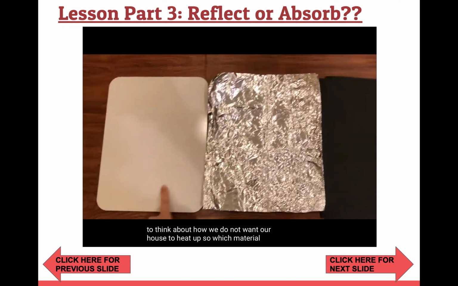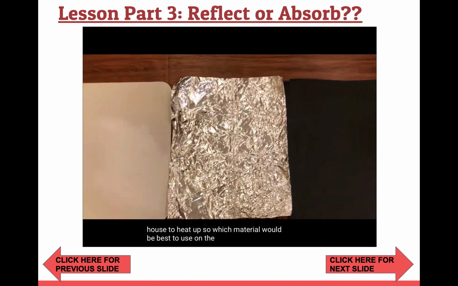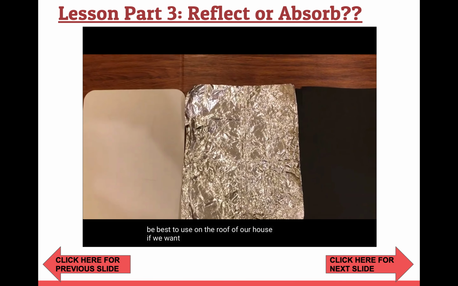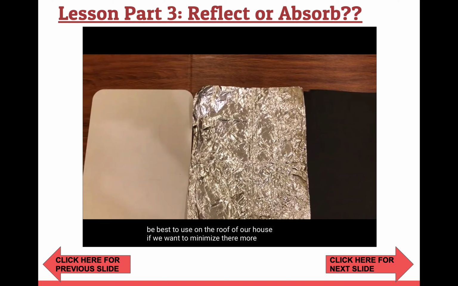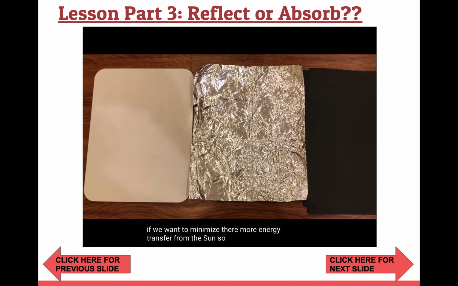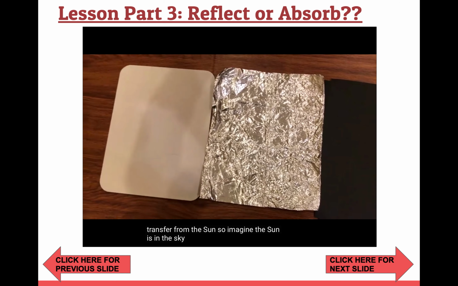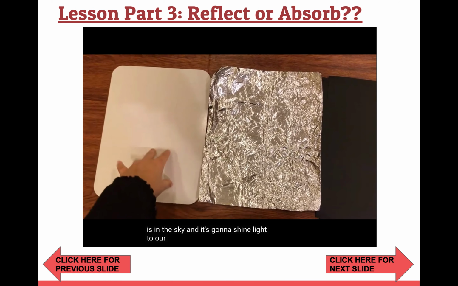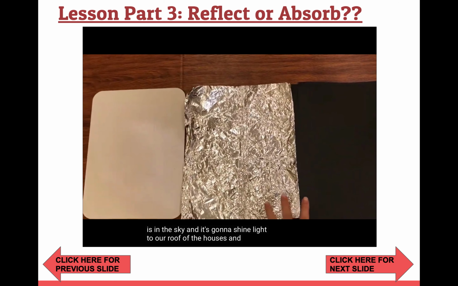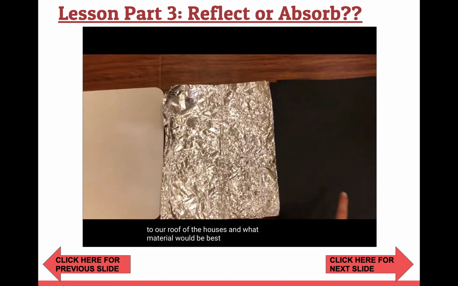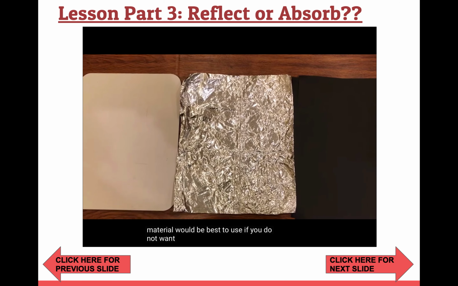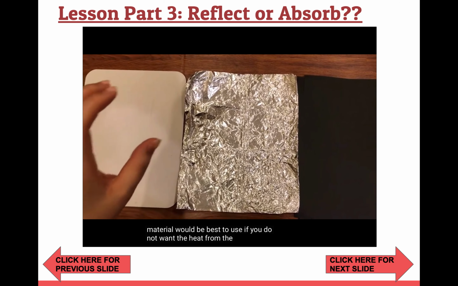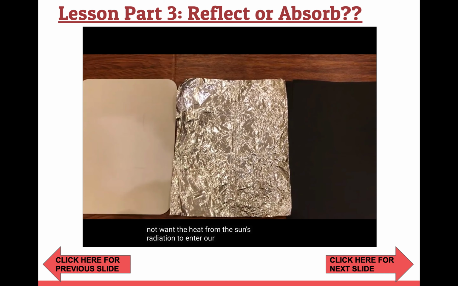So which material would be best to use on the roof of our house if we want to minimize thermal energy transfer from the sun? So imagine the sun is in the sky and it's going to shine light to the roof of the house. What material would be best to use if you do not want the heat from the sun's radiation to enter our house?